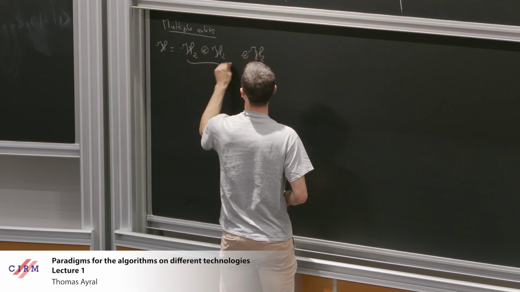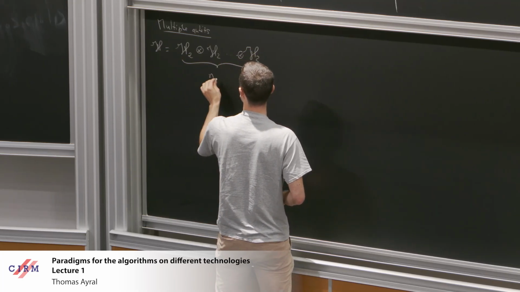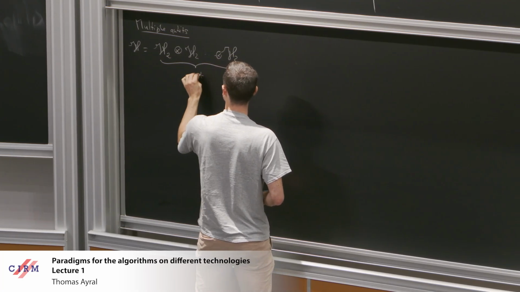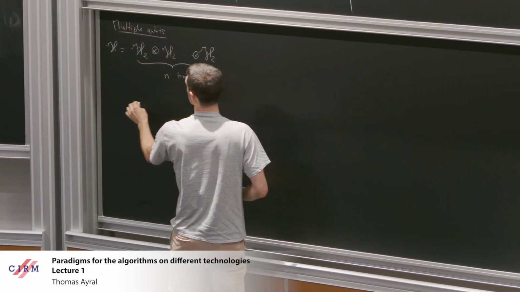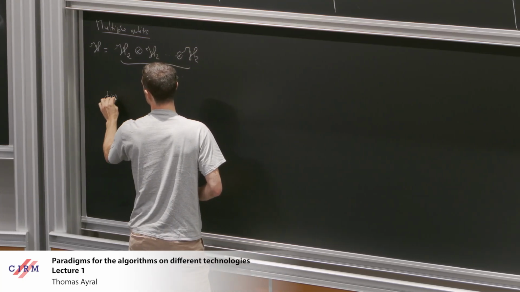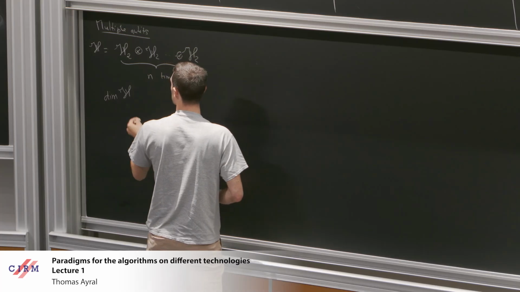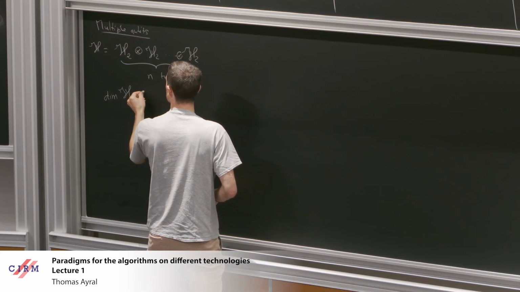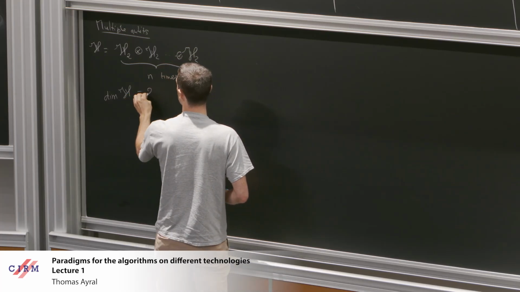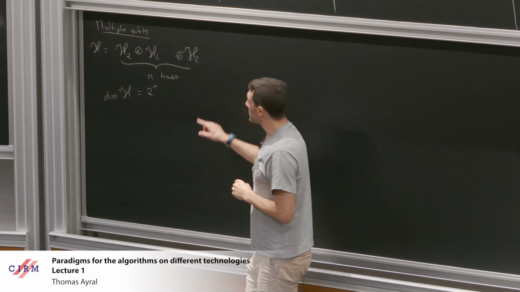Actually, I'm going to have small n of them. And so in particular, the dimension of this tensor product of vector spaces is 2 to the n. Right? It's a huge Hilbert space.